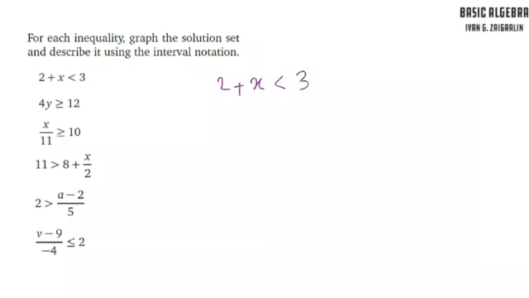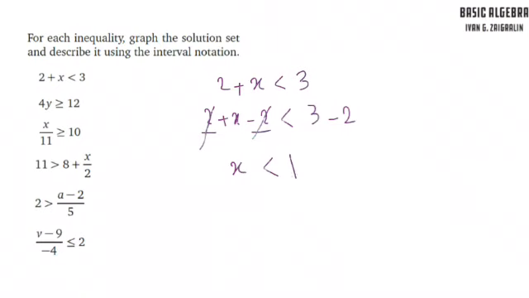So for this inequality we want to isolate the constant on the right side, so we add -2 to each side, so 2 plus x minus 2 is less than 3 minus 2. So we combine like terms, these two and this -2, x is less than 1.